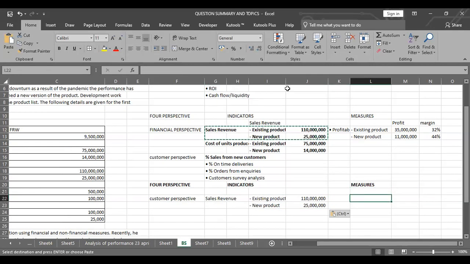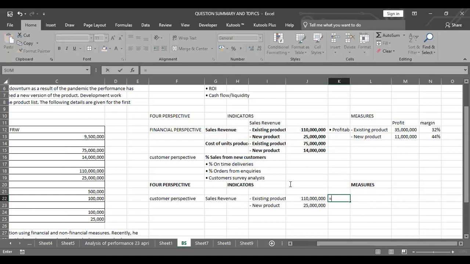So my issue is, what am I measuring? Here I was measuring profitability. That was my indicator. Here I am measuring the percentage of sales for new ones. How do I do that? There's a growth formula we could use, where the increase is 25, divided by the original or the overall figure, to see what percentage it represents.